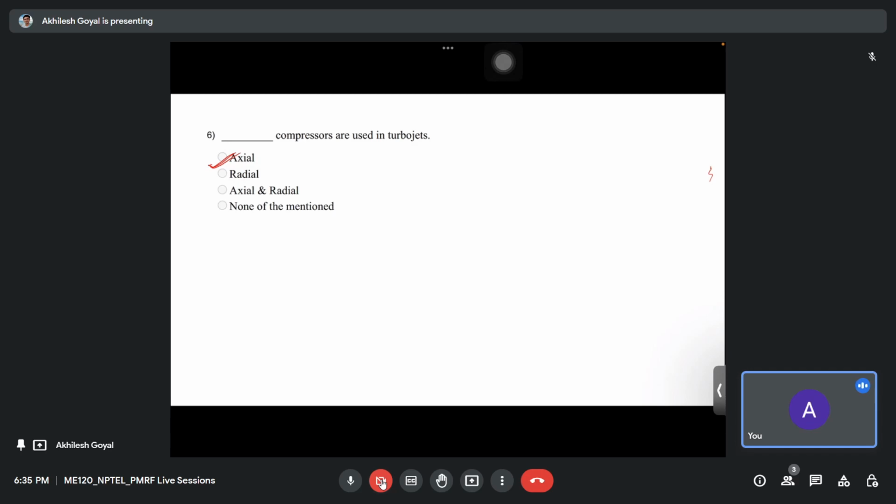So basically, the axial compressors are used in the turbojet. So option 1 is correct. The radial and those other options are the wrong options.